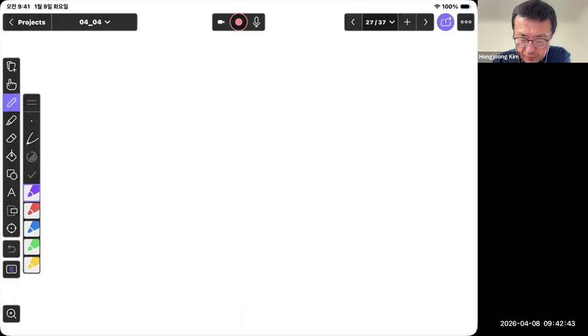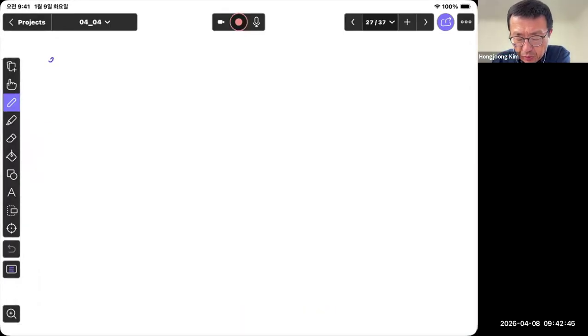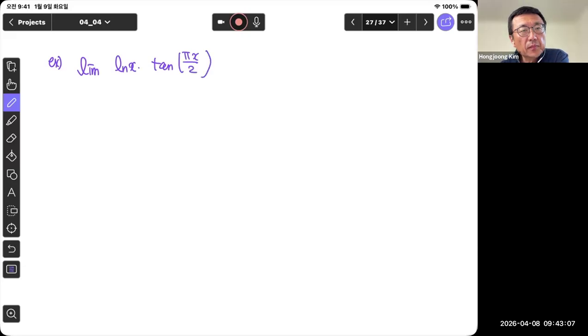One more example. Okay, and then let me go to the next slide. So here I have the limit of log x times tangent of pi x over 2.